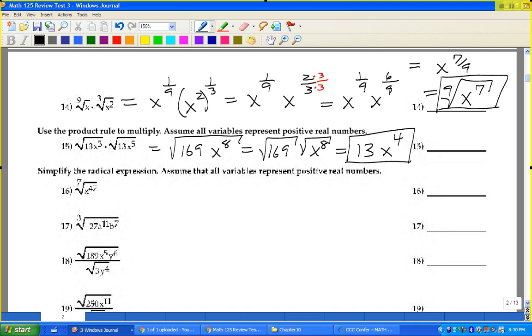Let me do problem number 16. Simplify the radical expression. Assume that all variables represent positive real numbers. Okay. So this is the same as the 7th root of, I want to write x to the 47 as the product of two terms, one of which is the largest perfect 7th power.